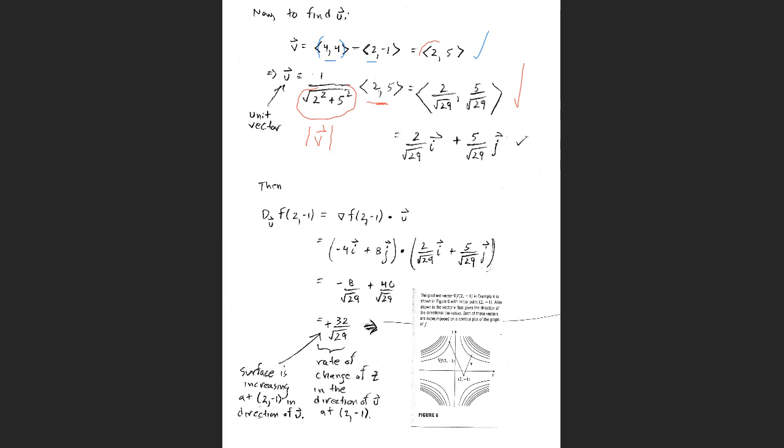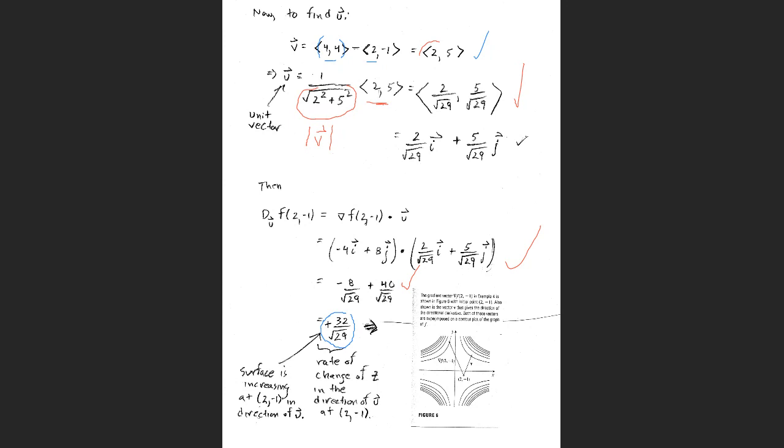And now we're ready to compute the directional derivative. When we compute the directional derivative, we end up getting 32 over the square root of 29. What that means is that's the rate of change of z, of your surface.